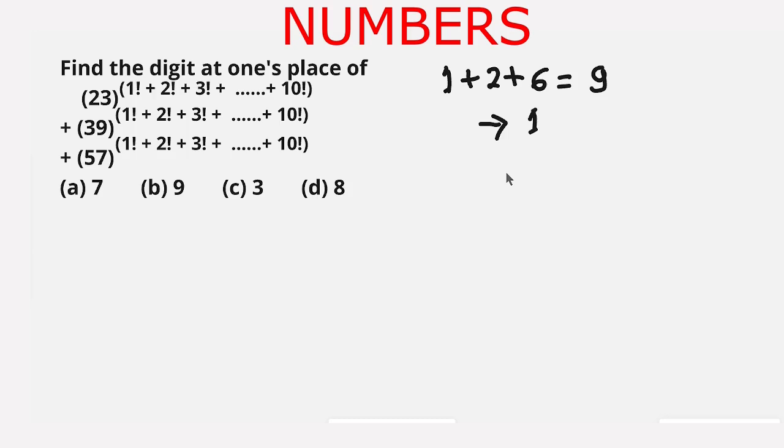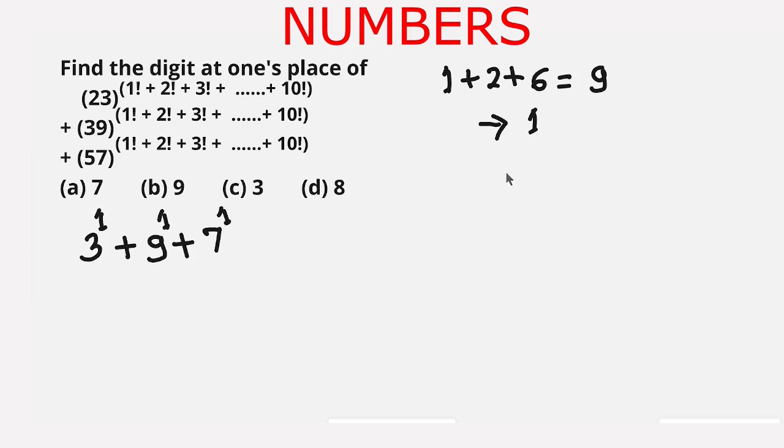So we can write 23 has ones place digit 3 and it has power 1, plus 39 has ones place digit 9 and it also has power 1, plus 57 has ones place digit 7 and it also has power 1.